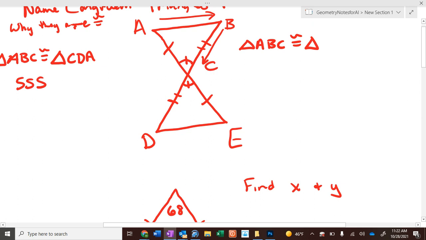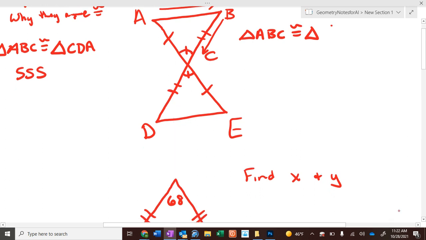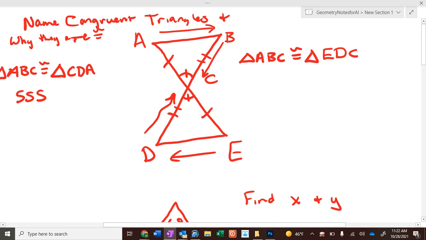So go across the empty side and then the 2 mark side: E, D, C. Now, why are they congruent? Side angle side. I have 2 sides and the angle in between.